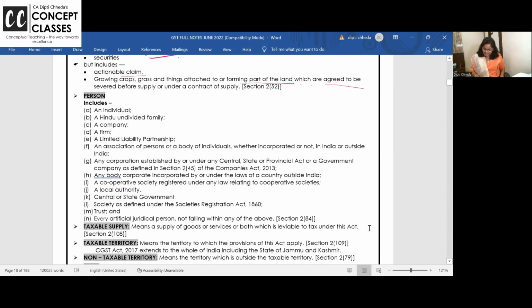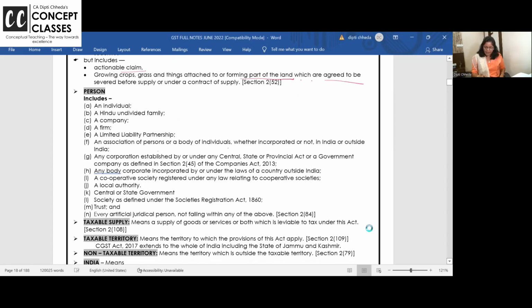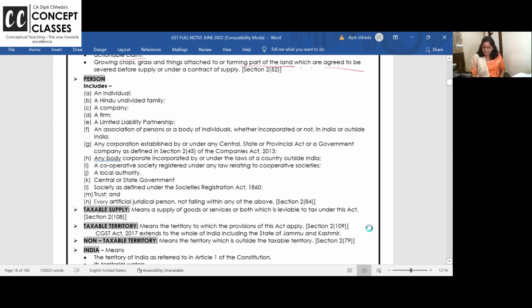So a person includes individual, HUF, company, firm, LLP, AOP, BOI, corporation established under central and state government, body corporate, cooperative society, local authority, trust, AJP, temples and all. किसी को नहीं छोड़ा. ISKCON temple, you are selling those products, no? You have to pay the GST. Ramakrishna Mart, there is a bookstore, no?